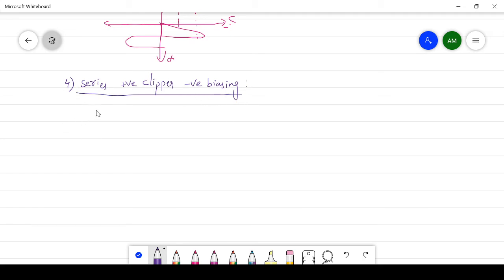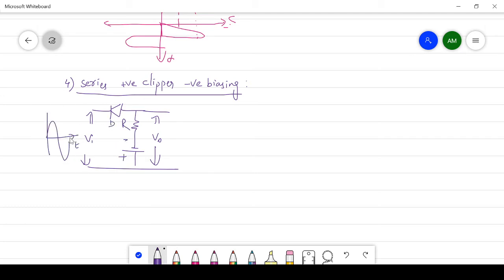So positive clipper with negative biasing here. So what is the input voltage here? Input voltage is the sinusoidal input signal given to this circuit.